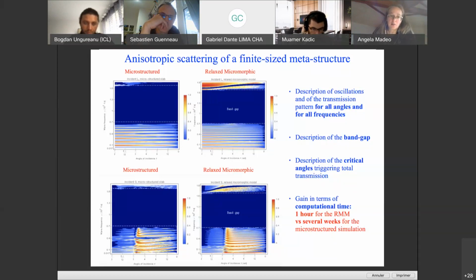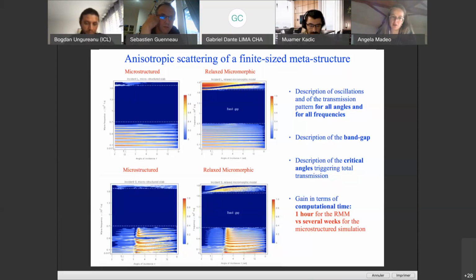And we see the comparison between the whole microstructured simulation and the micromorphic. We see that for all angles of incidence and for all frequencies, up to and including the bandgap, we have a very good agreement. And even a little bit more interesting is for shear incident waves.